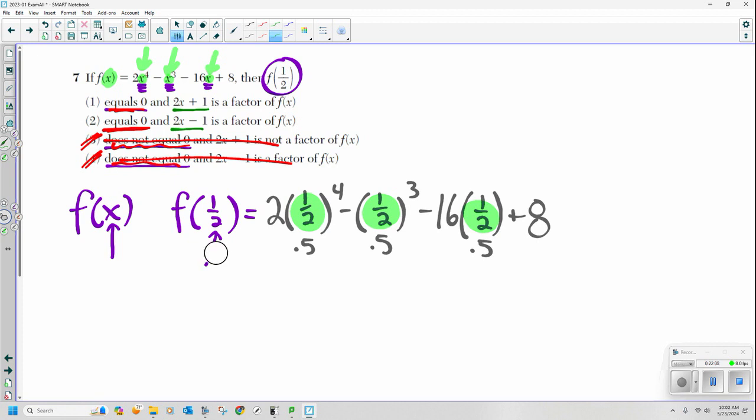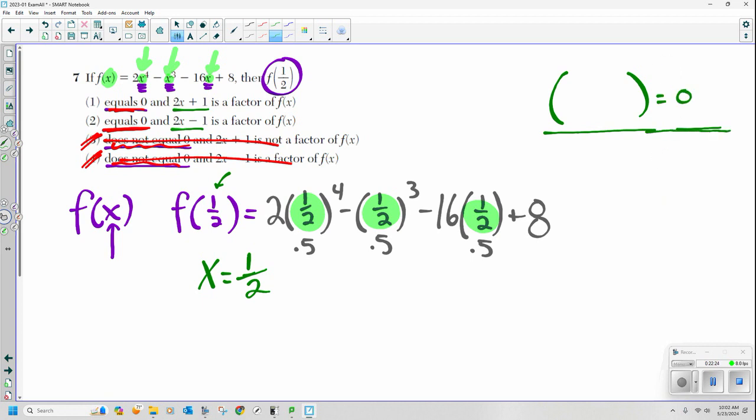I hope you remember that if I plug in a value for x and get 0, that's considered a zero. That means if I had a factor and I set it equal to 0 and solved it, I would get my answer. It would be one of the zeros. So what did I have up here that when I set it equal to 0 gave me 1/2?